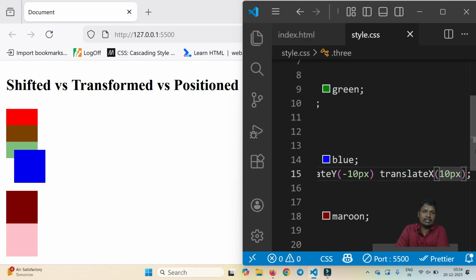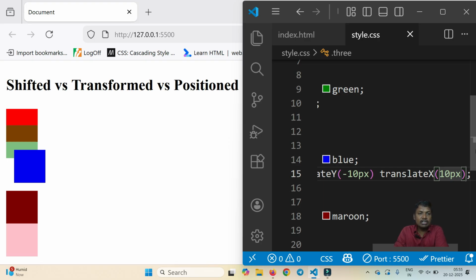Now look at the screen. The blue element just moved upward 10 pixels and moved rightward 10 pixels. And look at the screen, it just moved only.